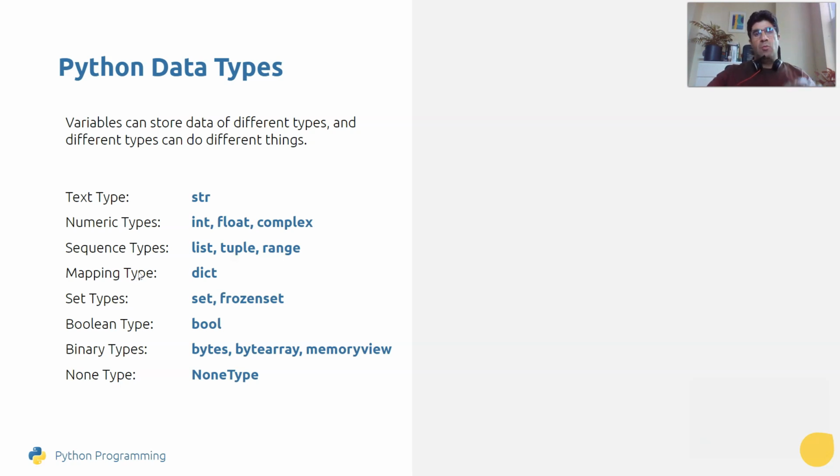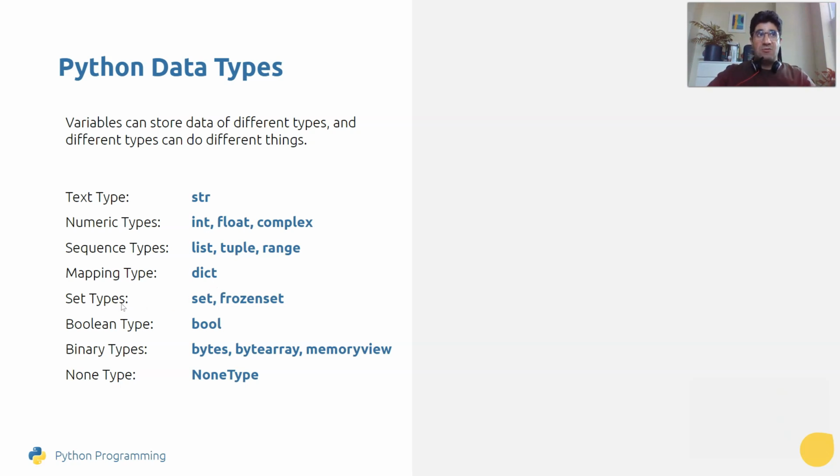Mapping type: if you want to map something to another, for example, if you have a key and value, and you want to search using the key, we have a dictionary data type in Python. I will explain all of those in detail in the following videos, but I'm trying to give you an idea.